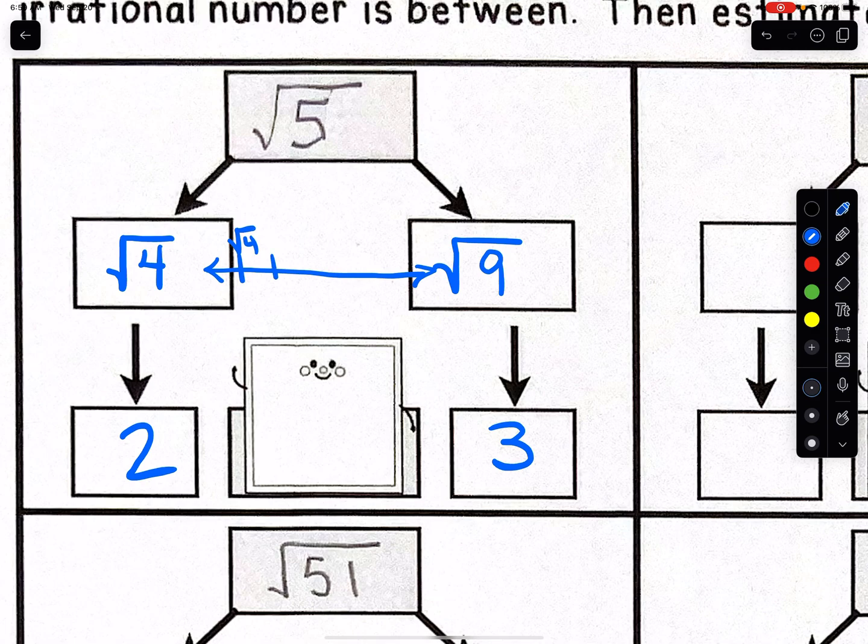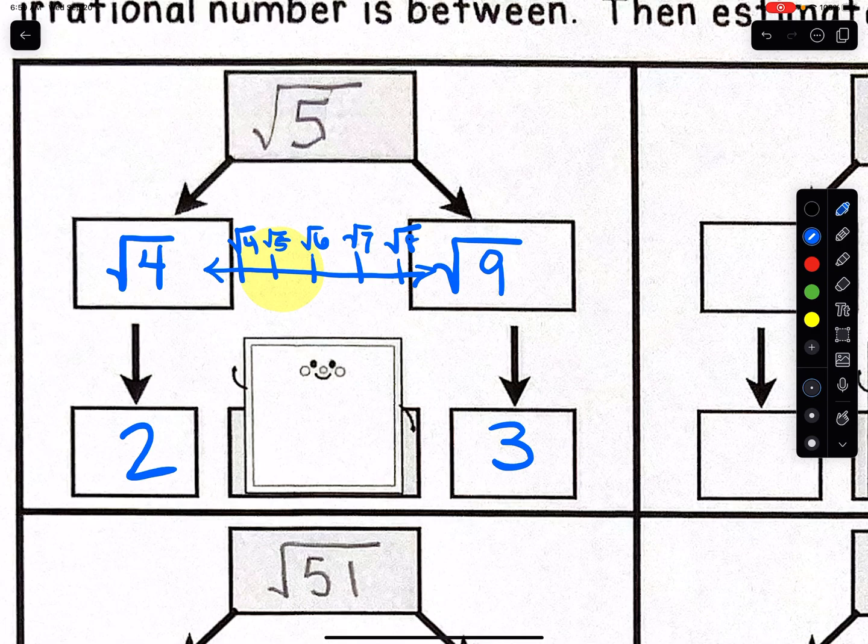Square root of 4, square root of 5, square root of 6, square root of 7, square root of 8, square root of 9. And then I try to figure out where that would be. So my square root of 5 is a lot closer to my square root of 4.